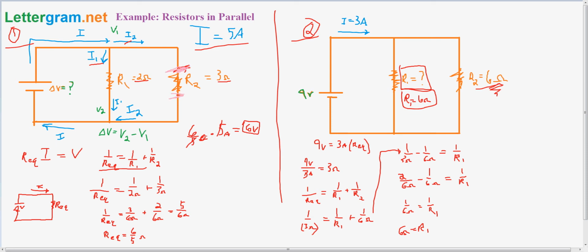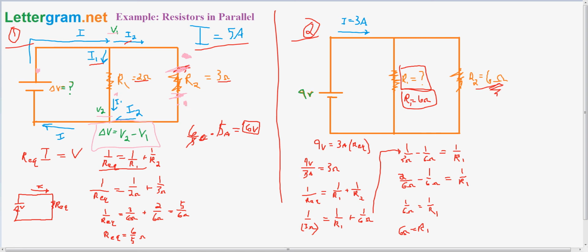The change of potential is V1 minus V2, because if you think about it, the electrons going through the circuit at this point are the same as at this point because they're all connected. And then after the resistor, they burn some energy, so they'll have a different potential down here.